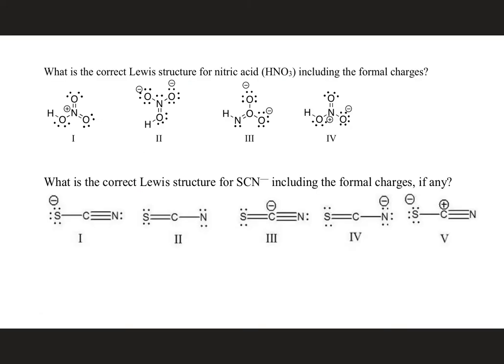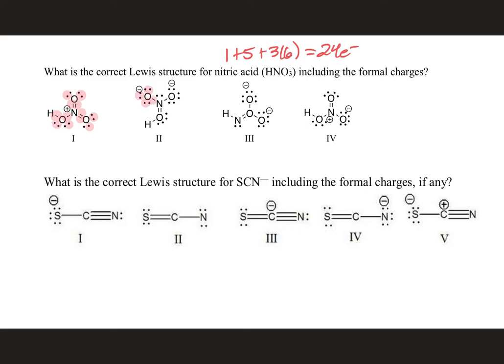What is the correct Lewis structure for nitric acid, including formal charges? Well, we have hydrogen in group 1, nitrogen in group 5, oxygen in group 6, and there's 3 of those. So 18 plus 6 is 24 electrons. If you count them up in these molecules, you get 2, 4, 6, 8, 10, 12, 14, 16, 18, 20, 22, 24.